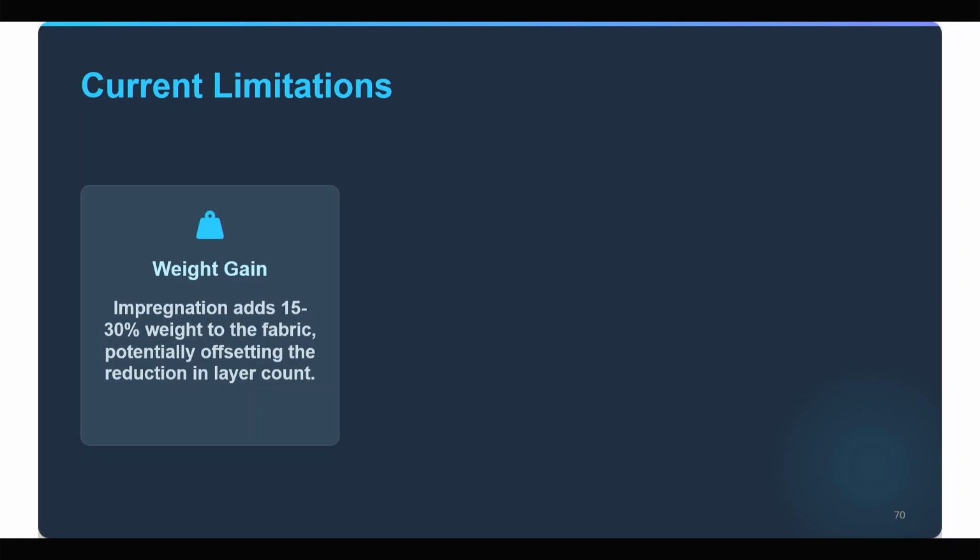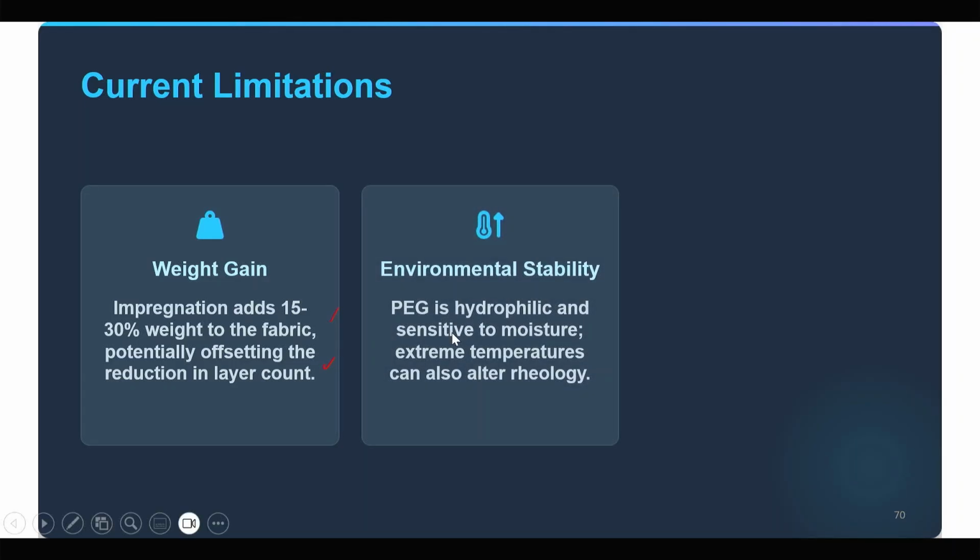The main limitation here is weight gain. Impregnation adds 15 to 30% weight to the fabric. So, potentially it offsets the reduction we gain by reducing the number of layers, because we are adding weight. That is the current limitation. Environmental stability we also have to see.